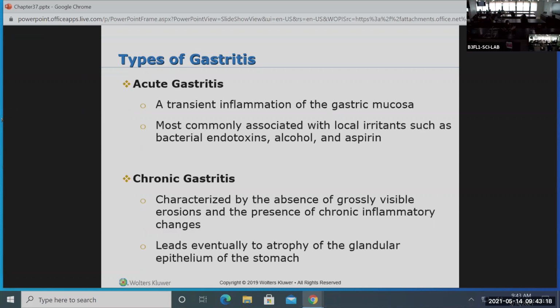When prolonged, it leads eventually to atrophy. Please highlight what we see during chronic gastritis. The mucosa undergoes atrophy, the glandular epithelium undergoes atrophy. In some places there is ulceration. In some places the atrophy is replaced by fibrous tissue. And that is my chronic gastritis.